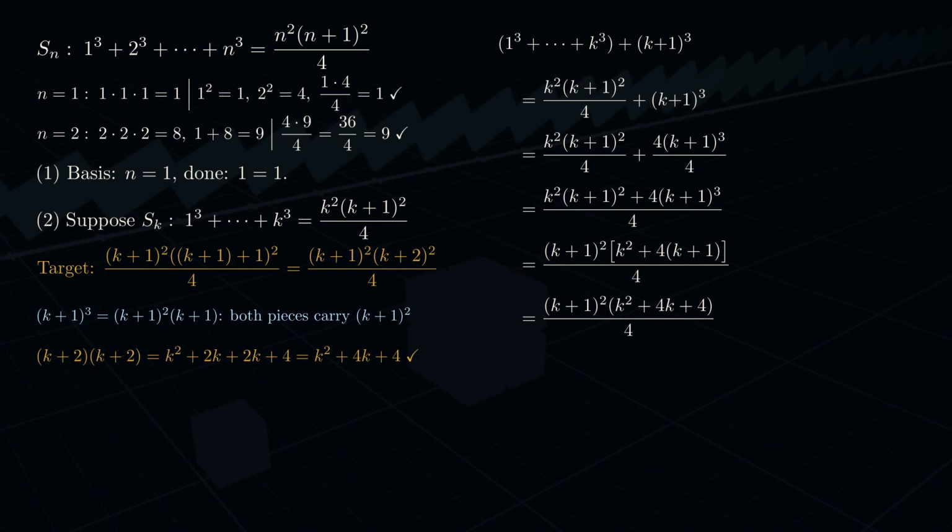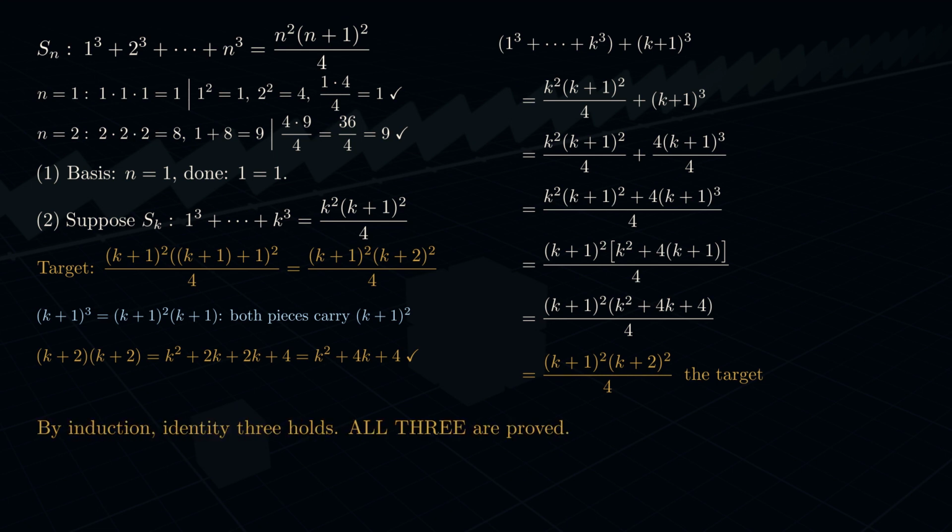K squared plus 4k plus 4. Yes. So our top is k plus 1 squared times k plus 2 squared over 4. The target. S k plus 1 holds. By induction, identity 3 is true for every natural number n.